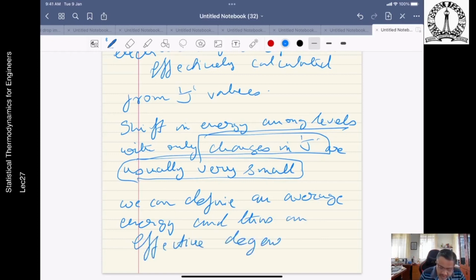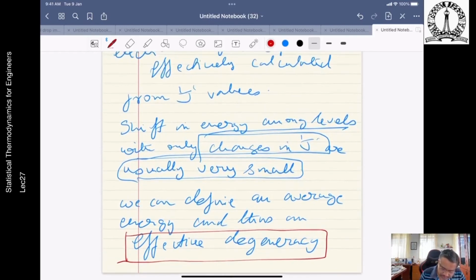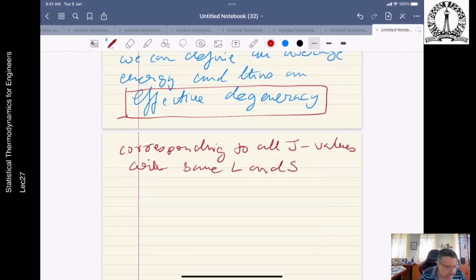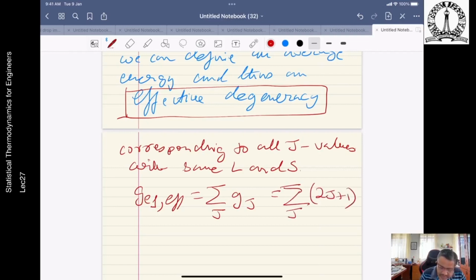And thus an effective degeneracy corresponding to all J values with the same L and S. So g_L effective is the sum over all J of g_J, which is the sum over J of 2J plus 1. It is summed over all J values with the same L and S; that is mandated.